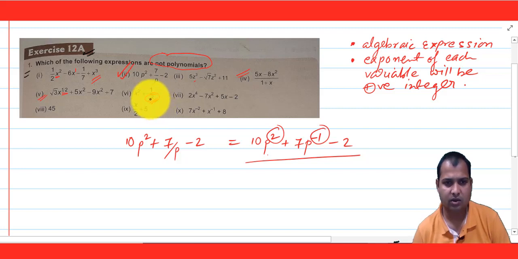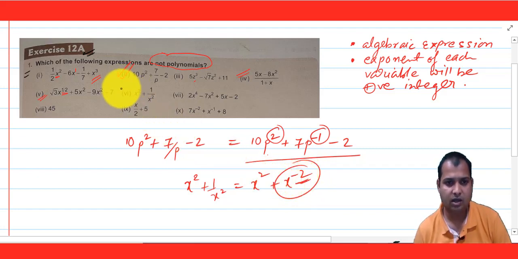If you want to write it in the numerator, you will get x square plus 1 by x square, which can be written as x square plus x to the power minus 2. So here you saw that the power is a negative integer. Yes, so this cannot be a polynomial. So this is also not a polynomial.